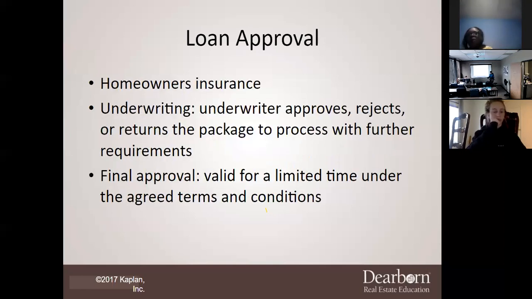And homeowners insurance, that's a really big one as well. You will be required to get homeowners insurance if your client is a buyer. And let's say one day your buyer decides they want to drop their homeowners insurance because it's starting to get too expensive.